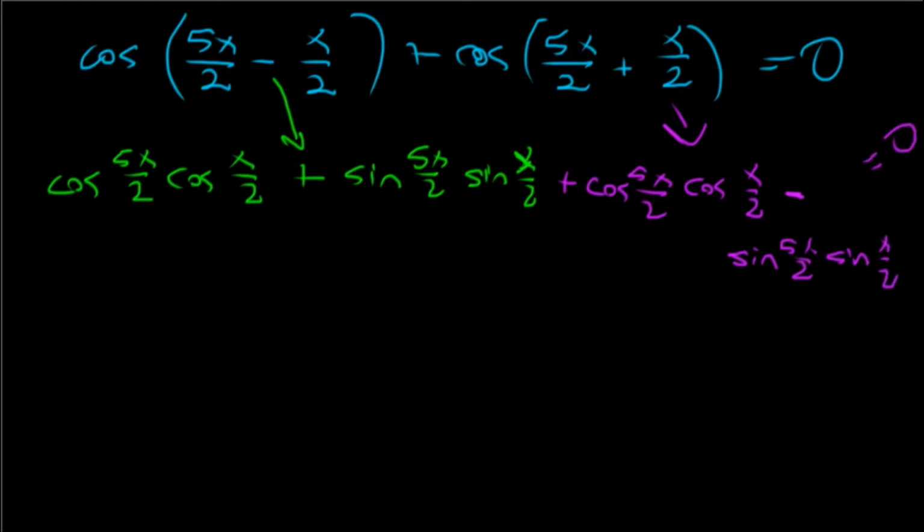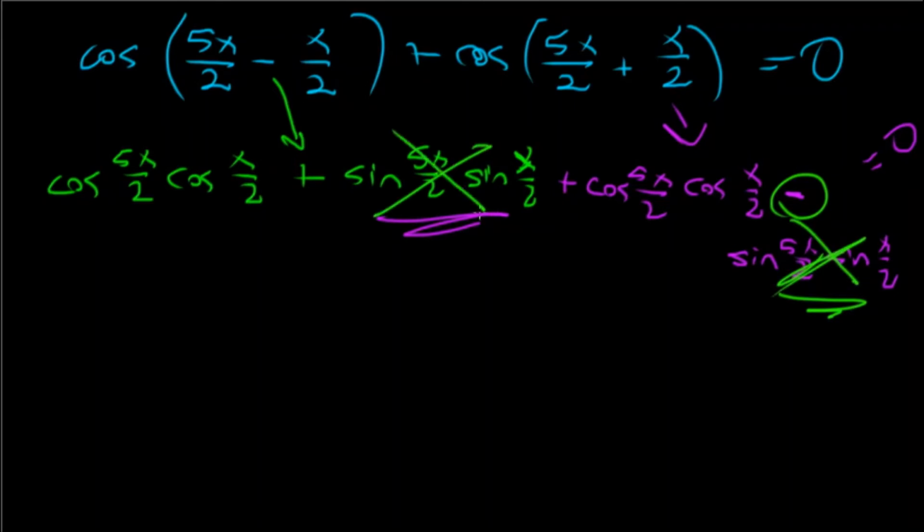All right, did you see what happened? Look at what we have. We have a cosine 5x over 2, cosine x over 2, plus sine 5x over 2, sine x over 2, and we have a cosine 5x over 2, cosine x over 2, minus a sine 5x over 2, sine x over 2. These go away.